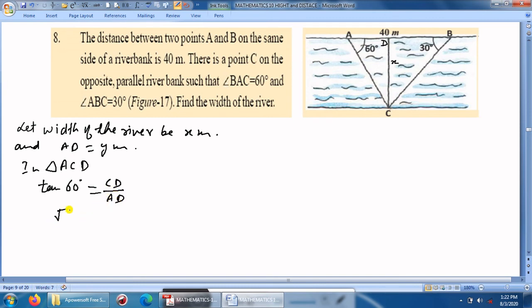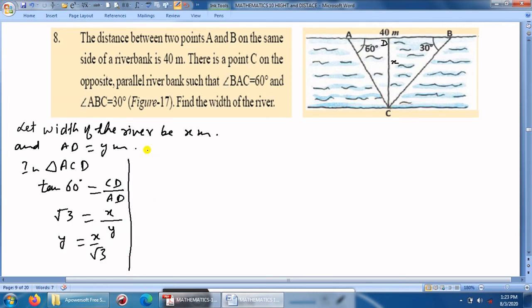It is root of 3. CD is x and AD is y. So we get y is equal to x by root 3.